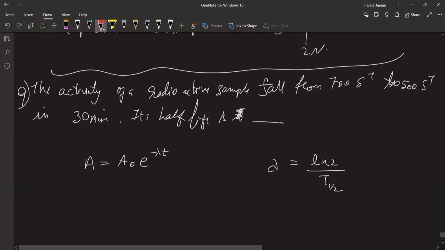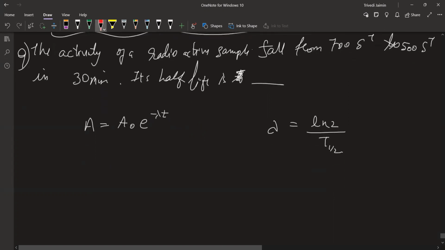Shall I solve? 500, 700, e to the power minus t ln 2 divided by t half. You have to substitute this value, right?